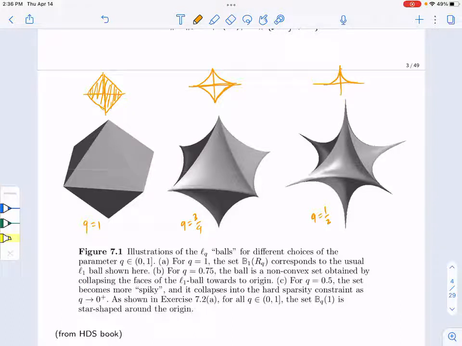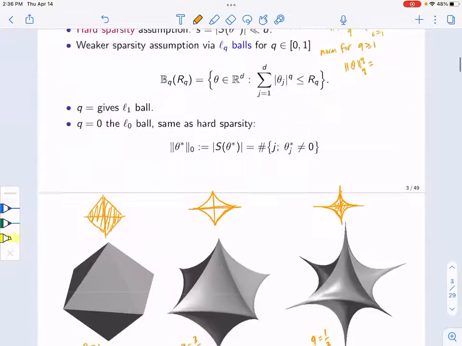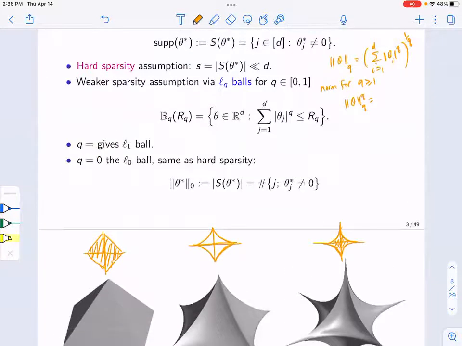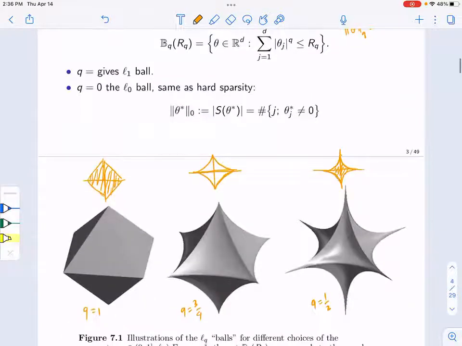Okay. So because this is the unit ball, anything inside has norm less than or equal to 1. I'm going to call it norm, though it's not a norm. You understand what I mean? This quantity is less than or equal to 1 inside, and anything outside has norm bigger than or equal to 1.